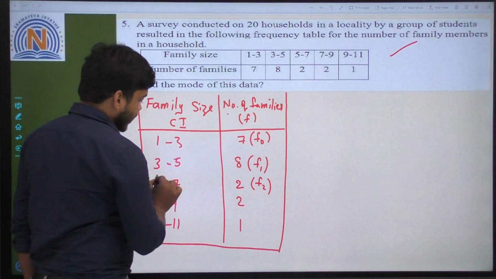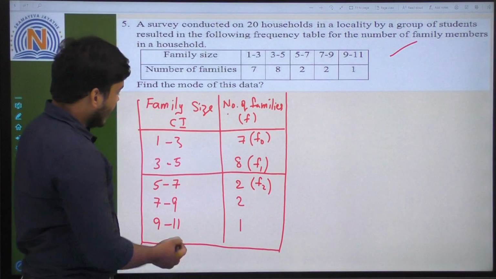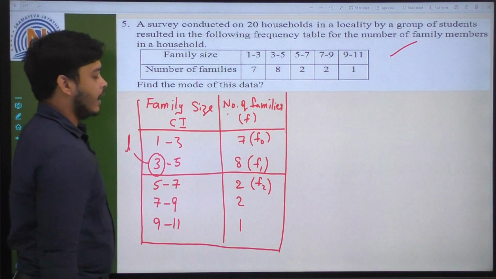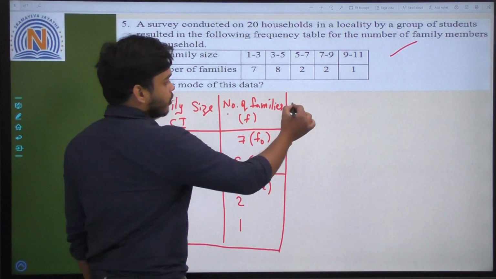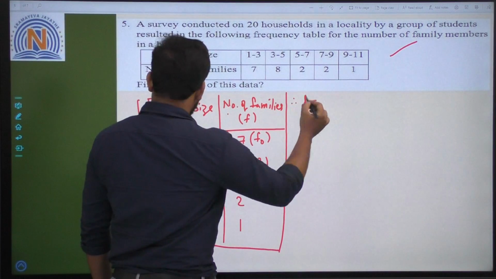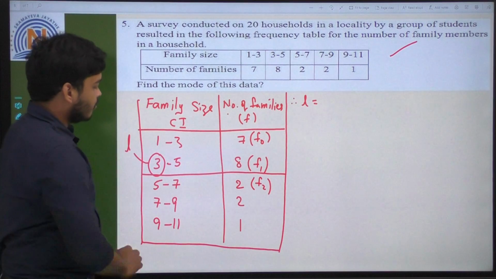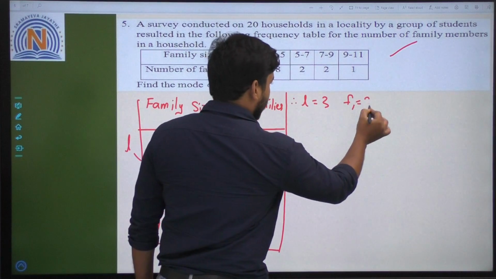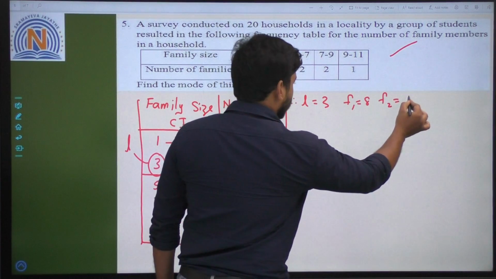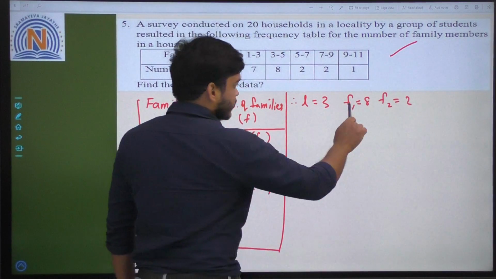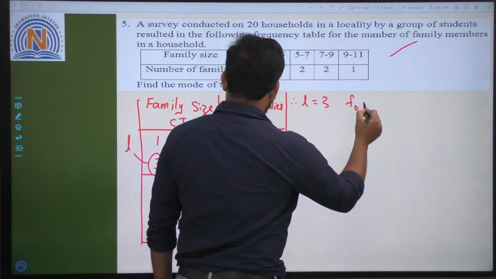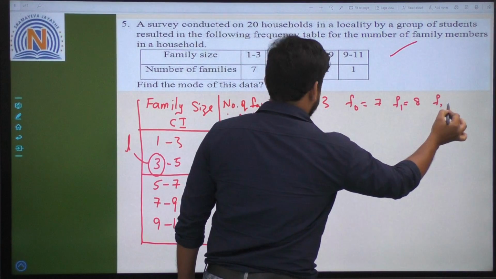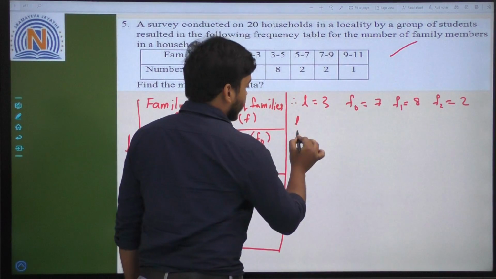From this data, the lower boundary of the modal class is called L. Therefore from this table, L is equal to the lower boundary of the modal class, that is 3, and F1 is equal to 8, F2 is equal to 2, and F0 is equal to 7.